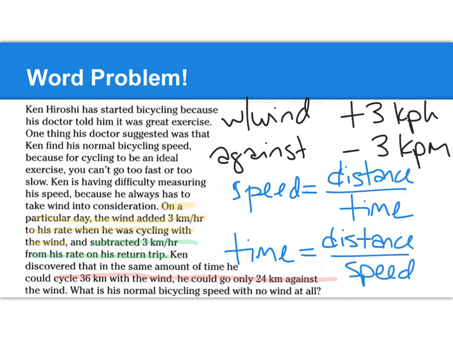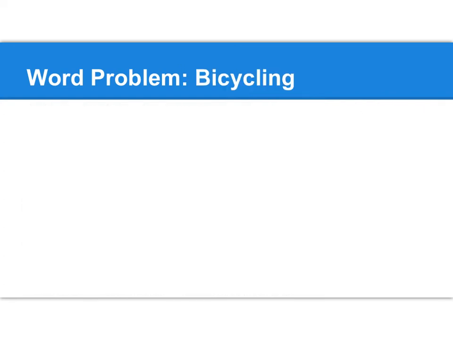And we have 2 equal amounts of time because he traveled 36 kilometers with the wind at his back, and he traveled 24 kilometers in the same amount of time when the wind was in his face. And so we'll set up a very simple rational equation.